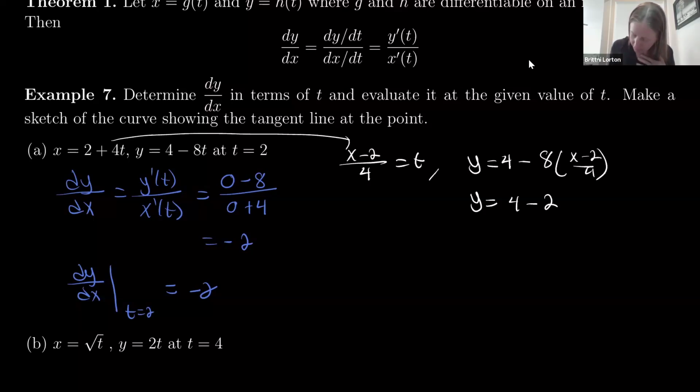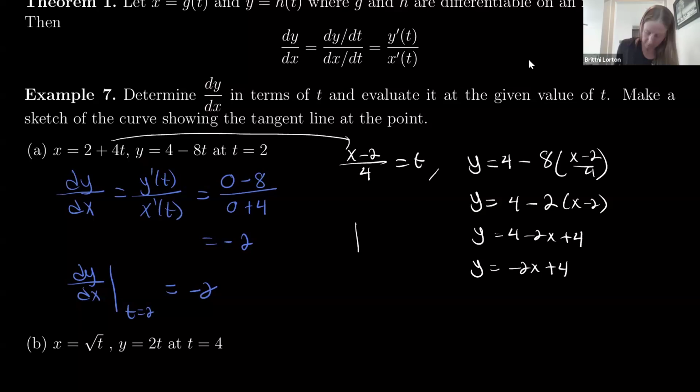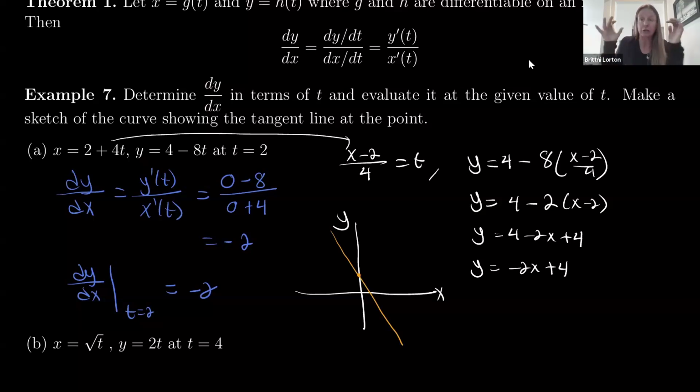I got 4 minus 2 times (x minus 2), so 4 minus 2x plus 4, so y equals negative 2x plus 8. If I were to graph that straight line, we could see it has a y-intercept of 4 and a slope of negative 2. It's also an unrestricted line because I don't have a restricted domain on the parameter t.